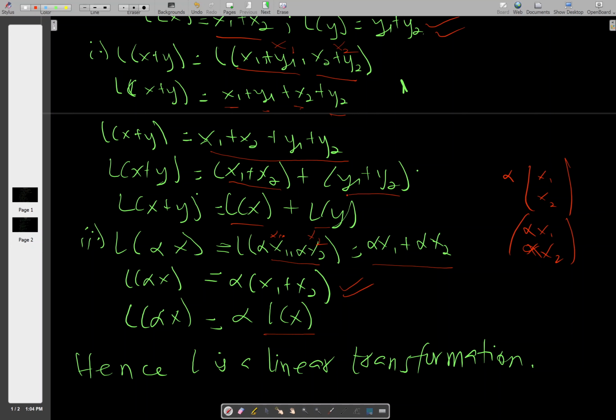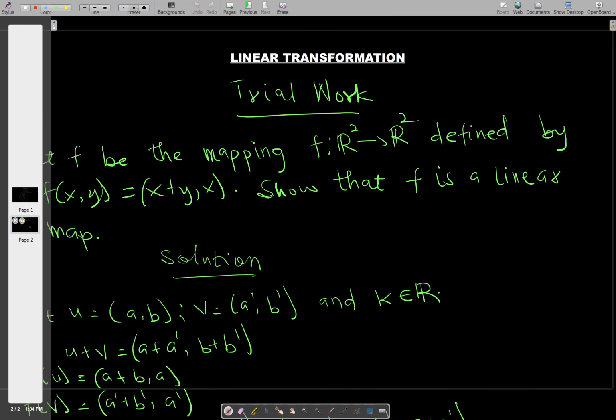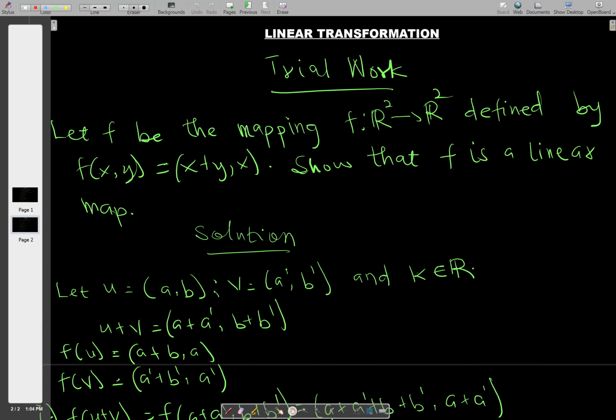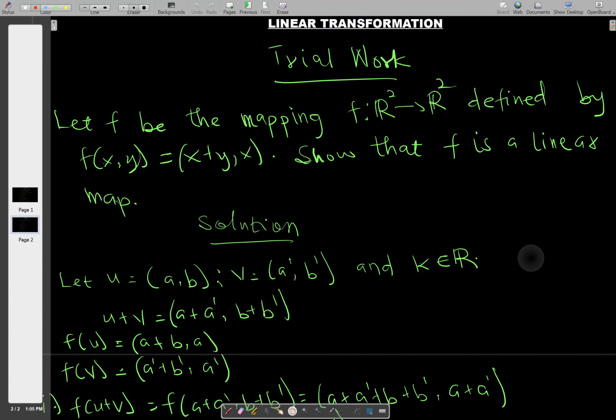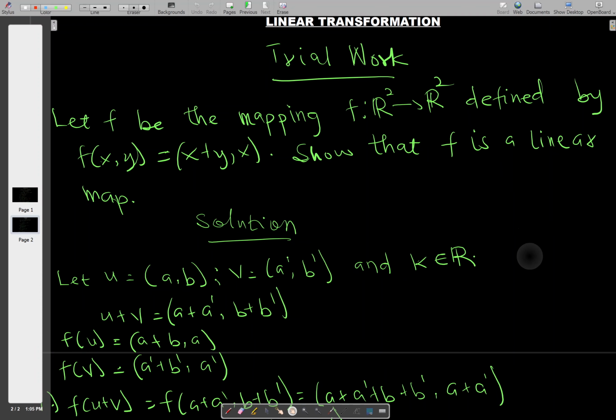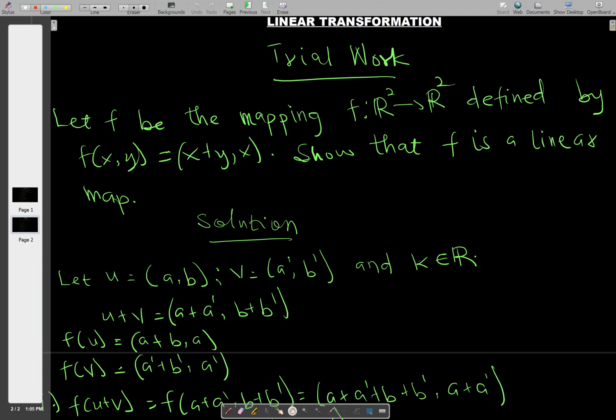Now let's solve a trial question. You can pause this video and try your hand on this question. It's a very interesting question. This is the question: let f be the mapping from a two-dimensional vector space to a one-dimensional vector space, defined by f of (x, y) equal to x plus y.